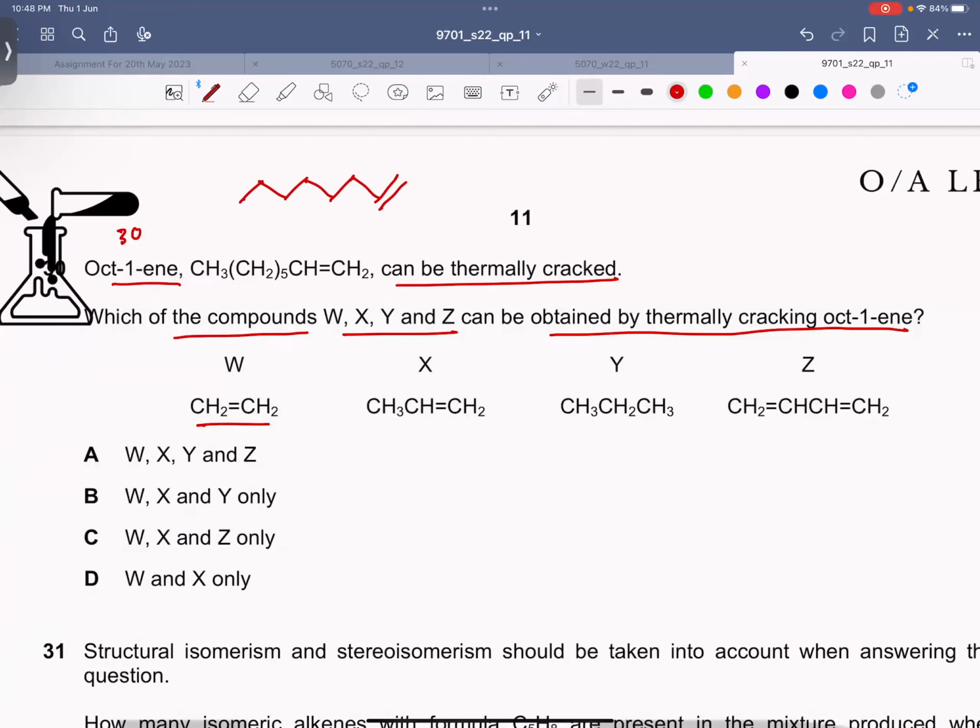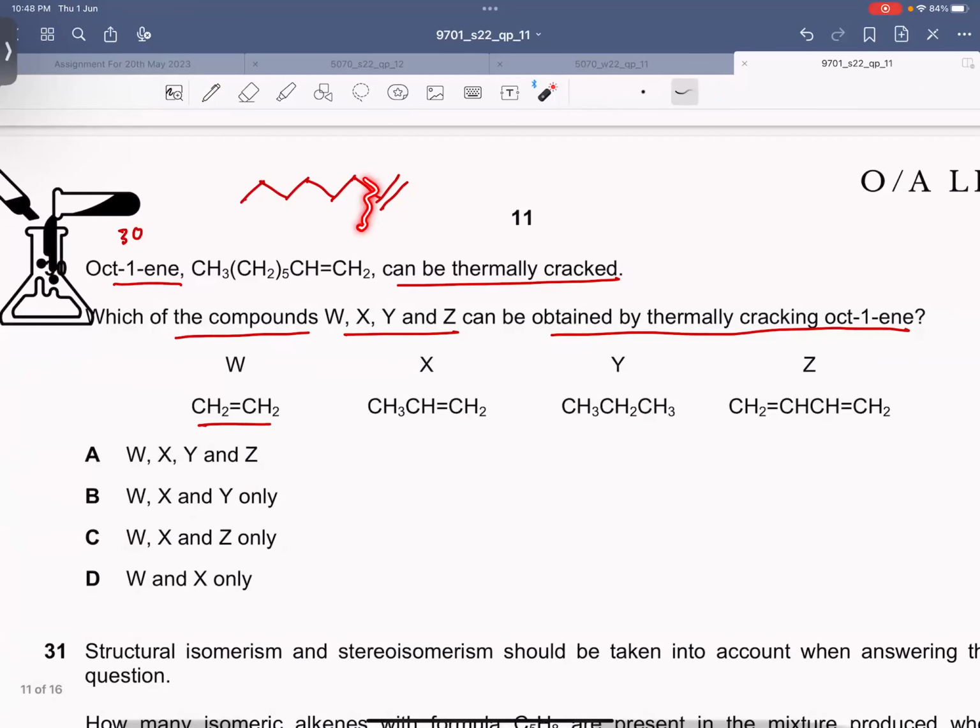So if this molecule is broken from here, we get this. So W can be formed. Now let's look at the rest of the ones.